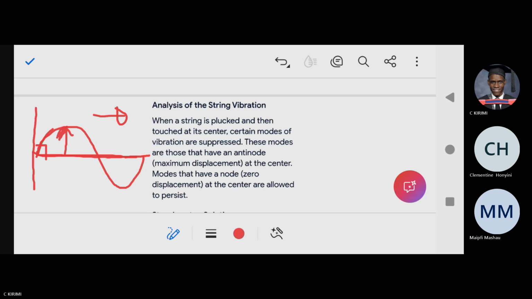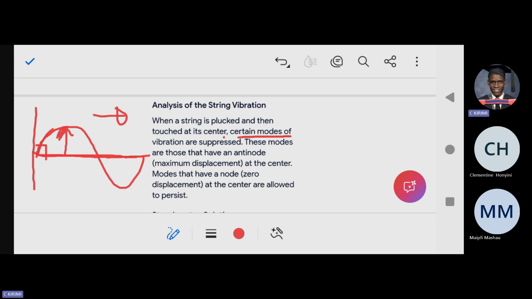So here they are saying certain modes of vibration are suppressed. These modes are those that have an antinode, which is where there is a maximum displacement at the center.